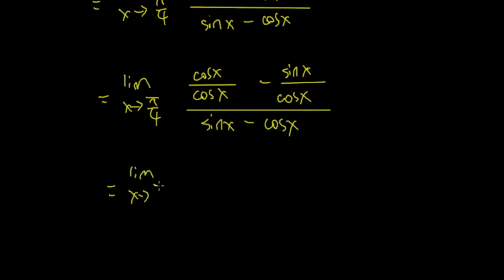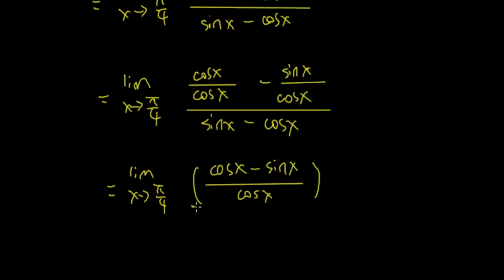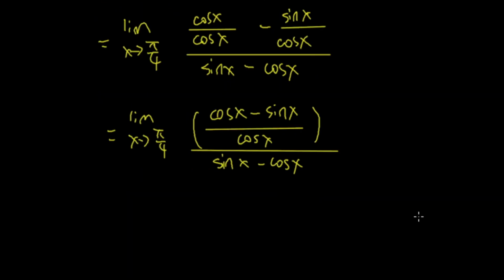Limit as x approaches pi over 4, cosine x minus sine x divided by cosine x. That's the top, right? Divided by sine x minus cosine x. Now, dividing by cosine x here, we can move the cosine x to the bottom.